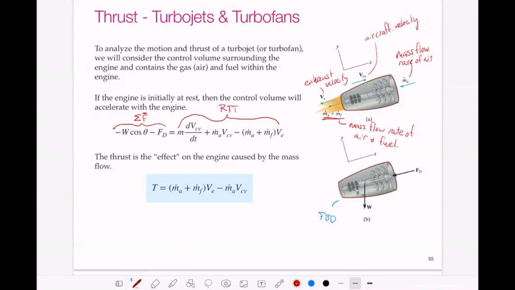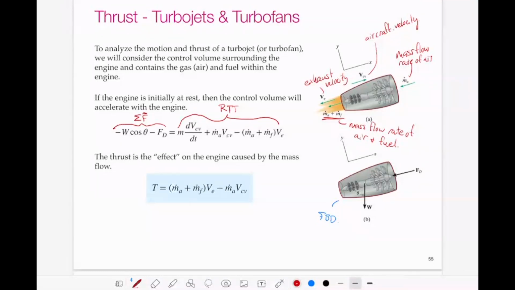So the only terms we have left are the mass times the acceleration of our control volume, plus the mass flow rate of the air going in times the velocity of the control volume, that's the velocity of the air entering the front of our control volume, minus the mass flow rate of the air plus mass of the fuel, so that air-fuel mixture, times the velocity of our exhaust.